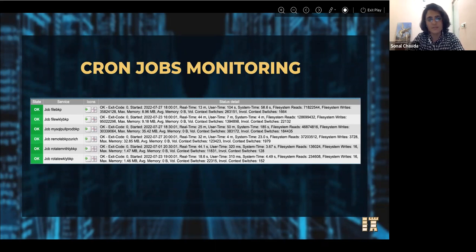So once a system admin configures a cron job, they are relaxed that the job is happening in the background, but if for some reason the job stops working, monitoring comes to help, informing the admin about the disturbance in the job. Here also the threshold can be configured, whether it is a daily 24-hour job or a weekly job or monthly job, and accordingly the notifications will be sent.